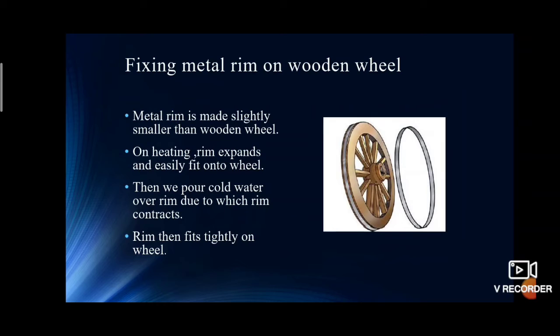Fixing a metal rim on a wooden wheel. The metal rim is made slightly smaller than the wooden wheel. When heated, the rim expands and easily fits onto the wheel.